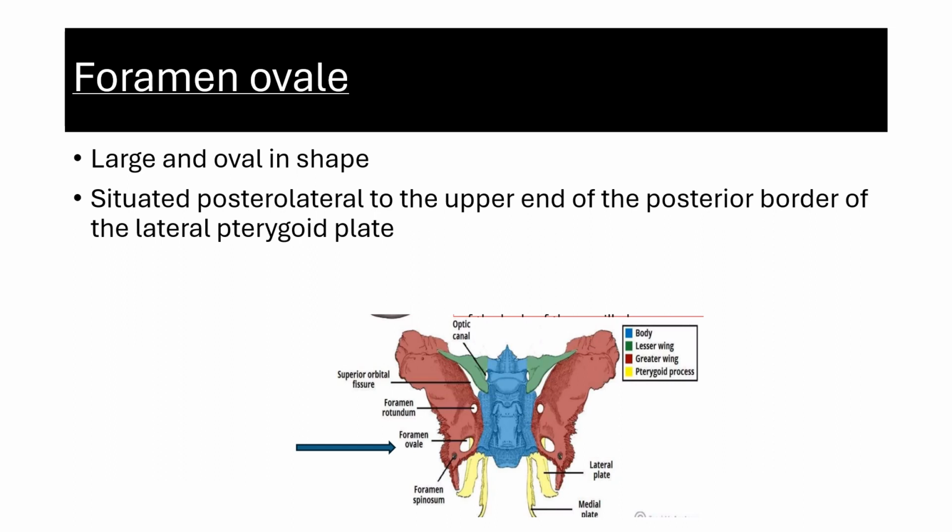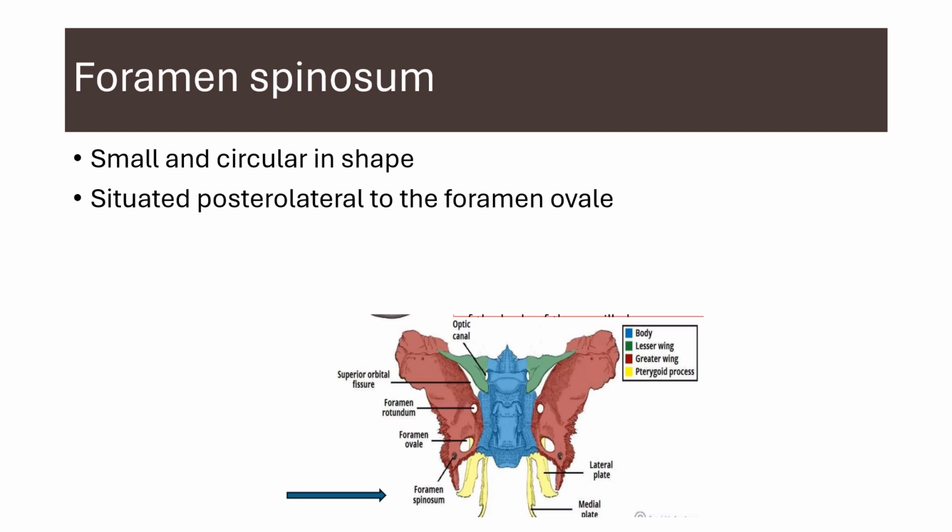Posterolateral to the upper end of the posterior border of the lateral pterygoid plate. Next foramen is the foramen spinosum. Foramen spinosum is small and circular in shape, and it is situated posterolateral to the foramen ovale.